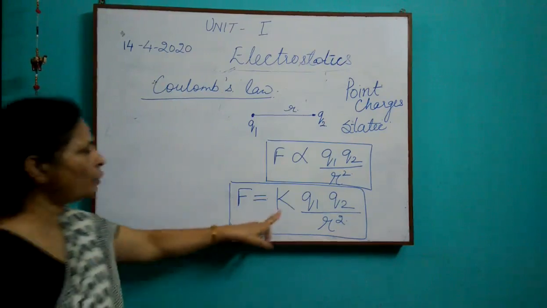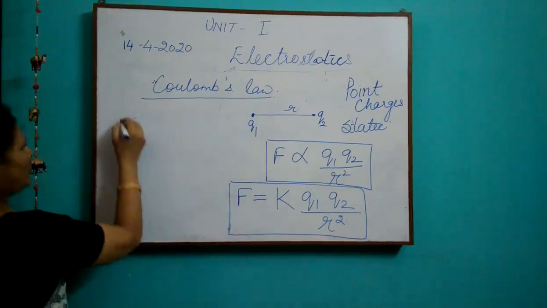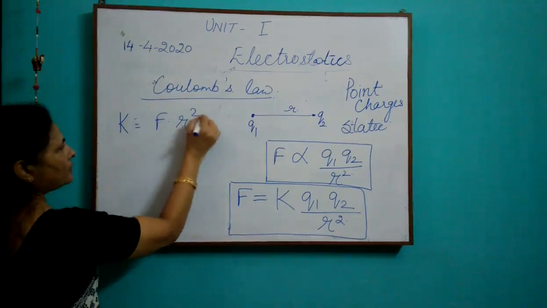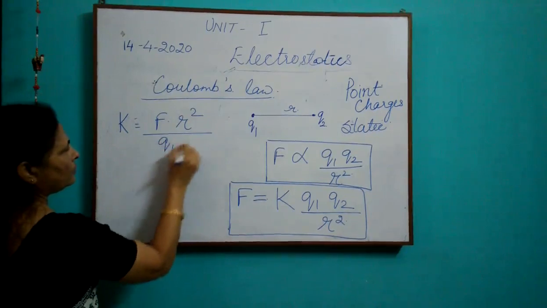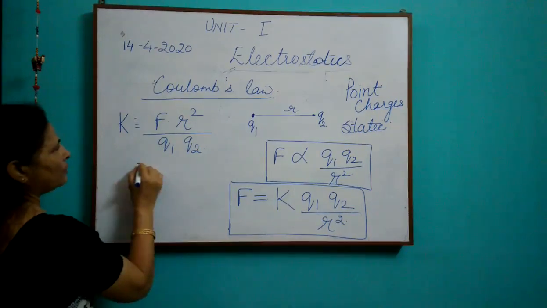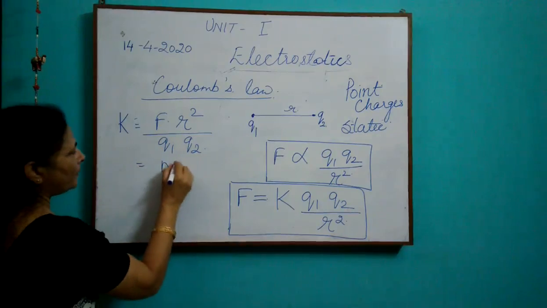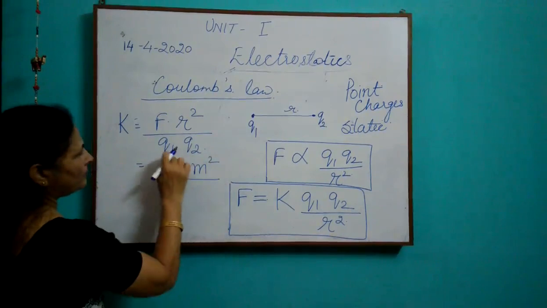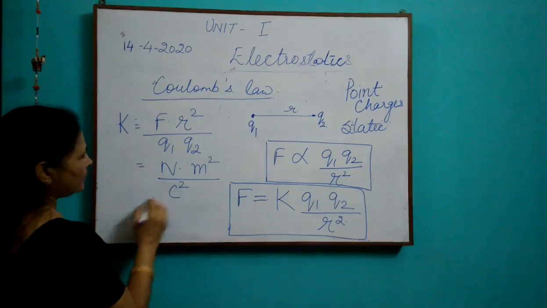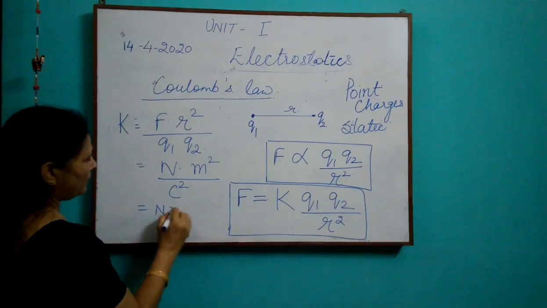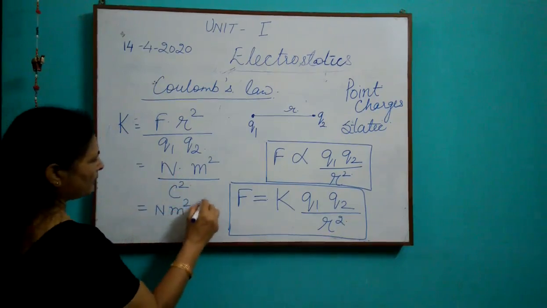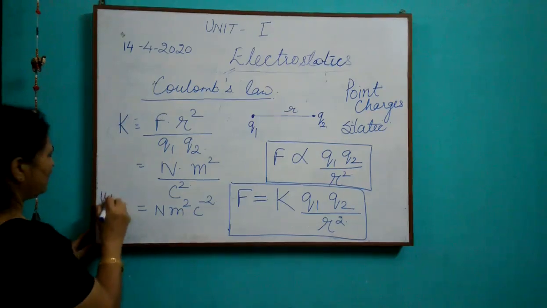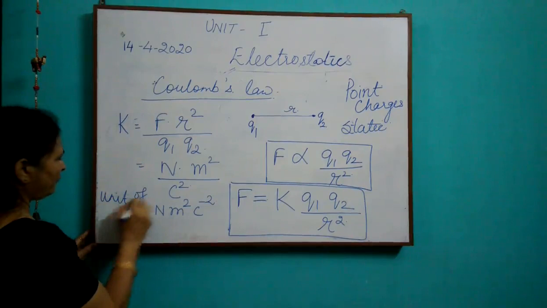K can be written as F R square upon Q1 into Q2. The unit of force is Newton, R square is meter square, and Q1 Q2 gives coulomb square. Therefore the unit of K is Newton meter square per coulomb square.